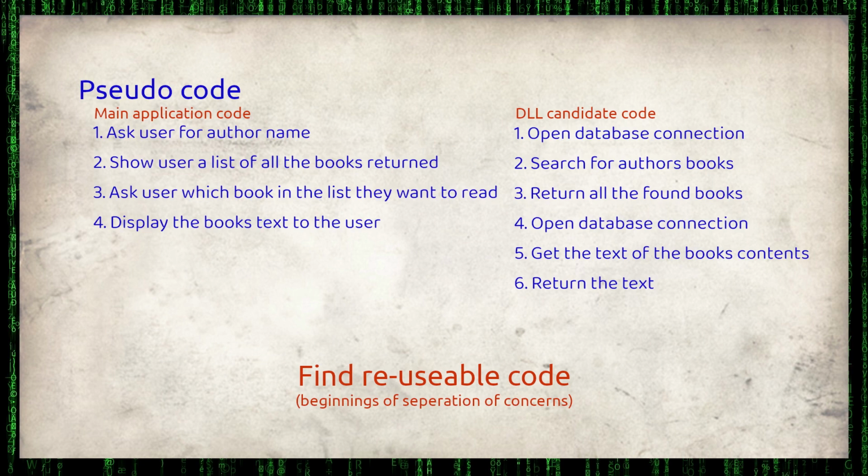If the first time, when you did the website, you put the database-related stuff into a DLL, then when you rewrite that website as a WinForms app or a WPF app or a Xamarin app, you don't have to rewrite it. You only have to write the code that's specific to the front end, the UI you're working with.